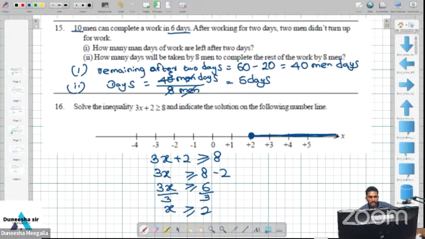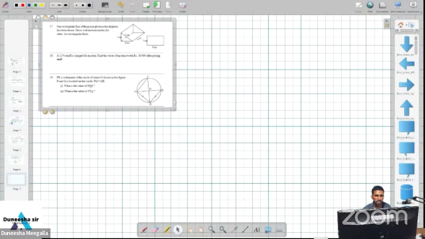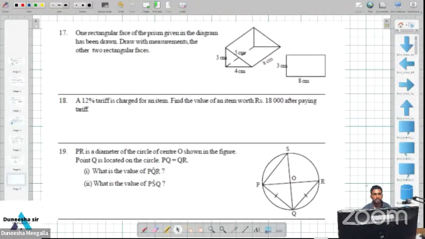If you finish, raise your hand. Okay, get the answers for these. One rectangle shape of a prism is given in a diagram.